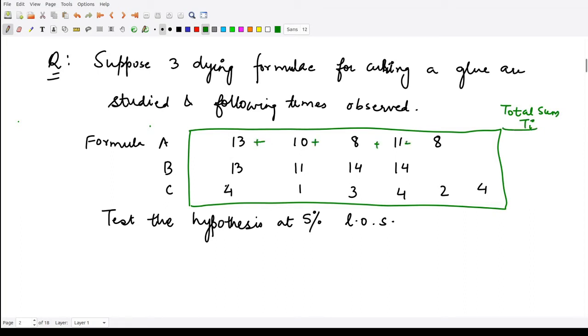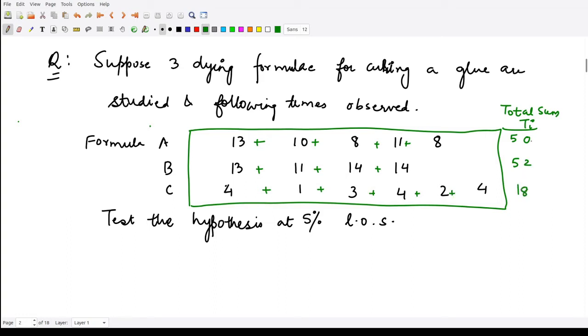So when you add 13 plus 10 plus 8 plus 11, it would be 50. Similarly for the second, when you add up all these, you will obtain 52 here, and for the third it would be 18.